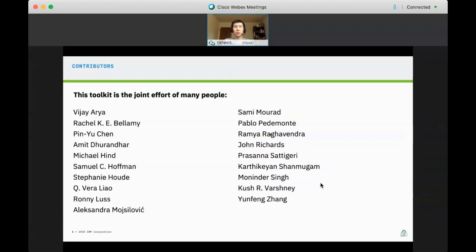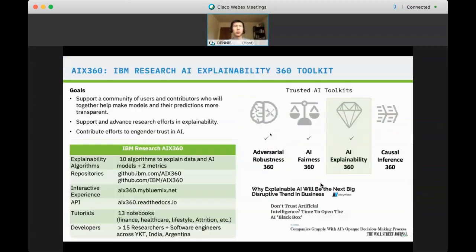Here's a one-page summary of AIX 360. It currently contains 10 algorithms for explaining machine learning models, as well as data, and also 2 metrics for quantifying explainability, at least proxies for it.